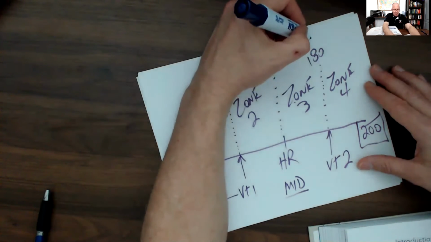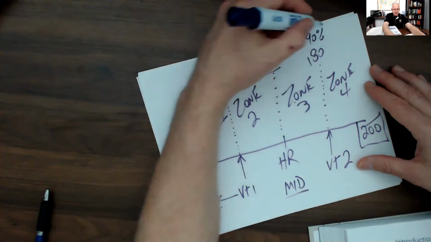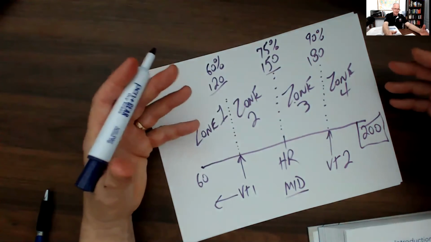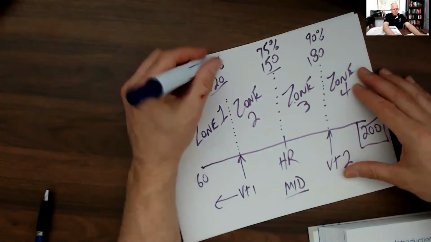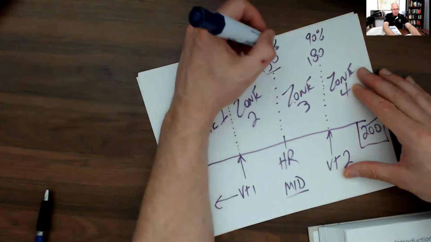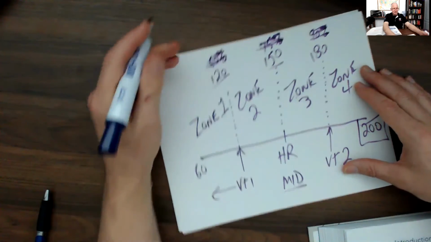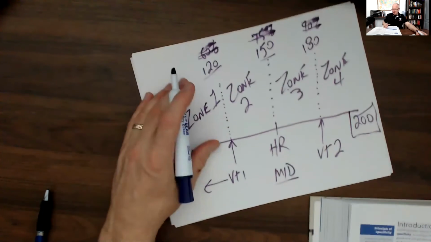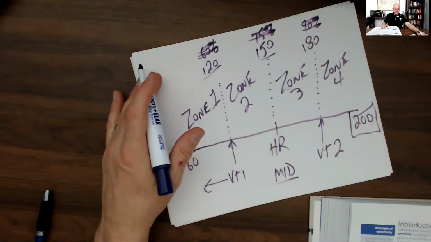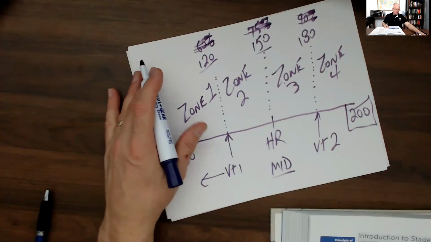This could be upwards of 90% of predicted max heart rate, something like that. I'm going to take those off because I don't want to confuse you. Because stage training basically says, and of course you've actually got some pretty good figures in here that you can look at.